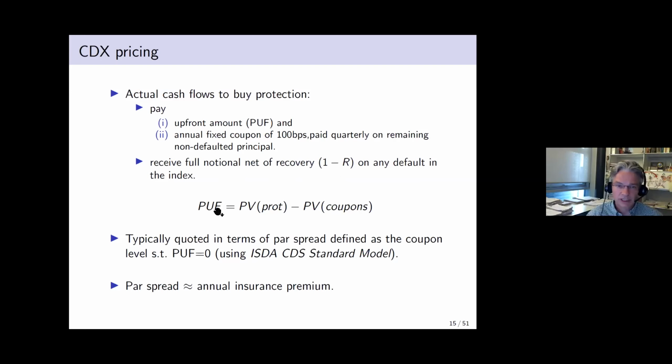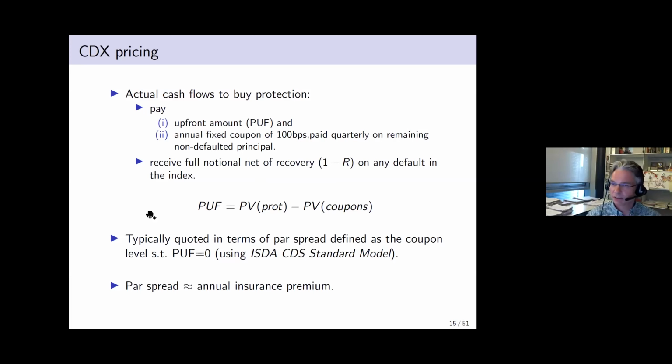Now, it's important to realize that this upfront payment is not really economically very meaningful in itself, because obviously you might have a negative upfront if the actual 100 basis point coupon is already considered a sufficiently large payment. So the market price moves that we observe are these upfront prices that are moving, but the true NPV of the total cost of paying insurance is the net present value of the coupons you pay on a running basis and that upfront.